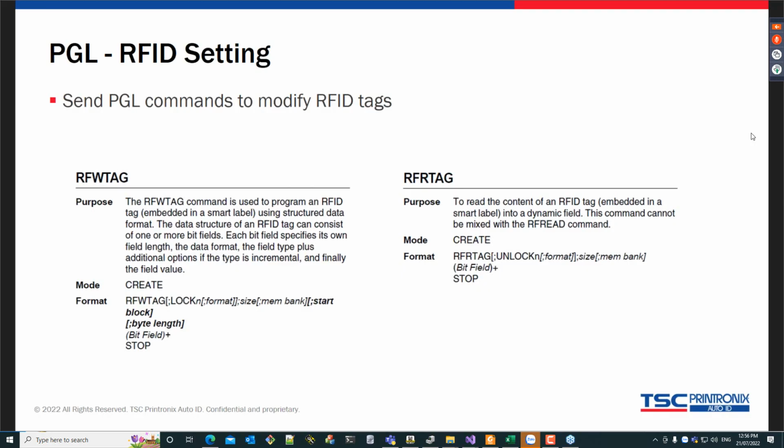Here are the two kinds of commands which we use for the RFID tags. On your left-hand side is the RF write tag, which means you need to use this command to write the data into the tags. On the right-hand side is RF read tag. It's quite important, so please remember these two commands.